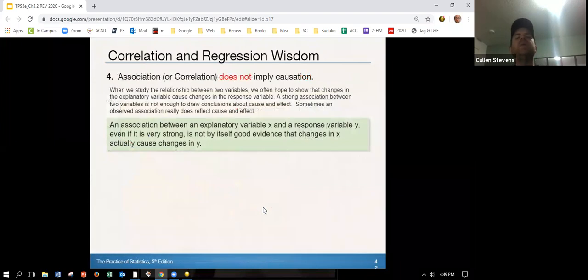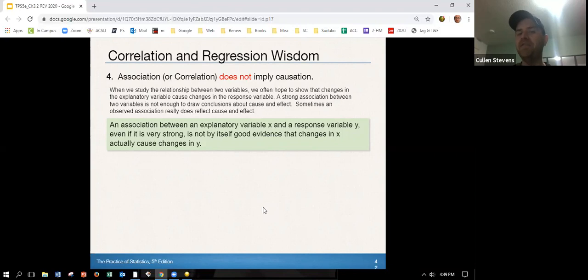Another thing that we really need to be careful of is that association or correlation does not imply causation. Remember that there's no causation without experimentation. Another big thing they're always going to try and get you on is that correlation does not mean causation. When we study the relationships between two variables, we often hope to show that changes in the explanatory variable cause changes in the response variable, and a strong association between the two is not enough to draw those cause and effect conclusions.